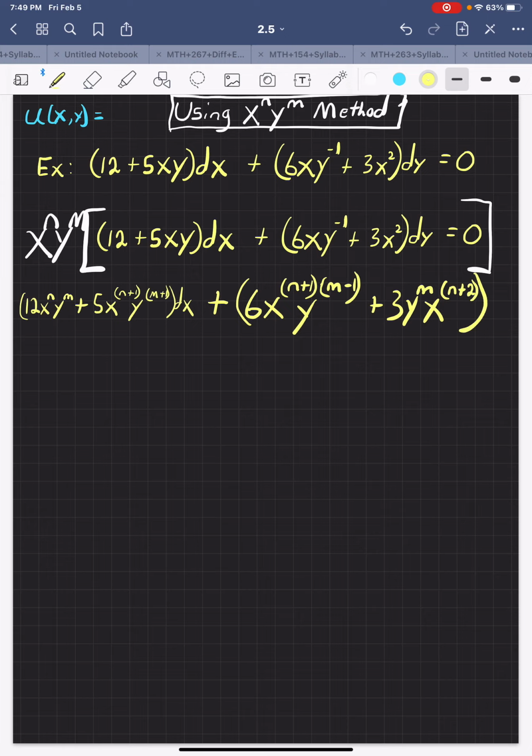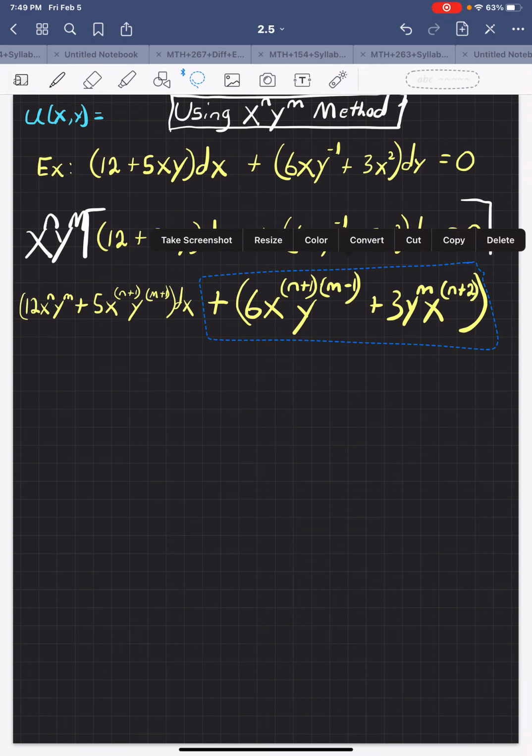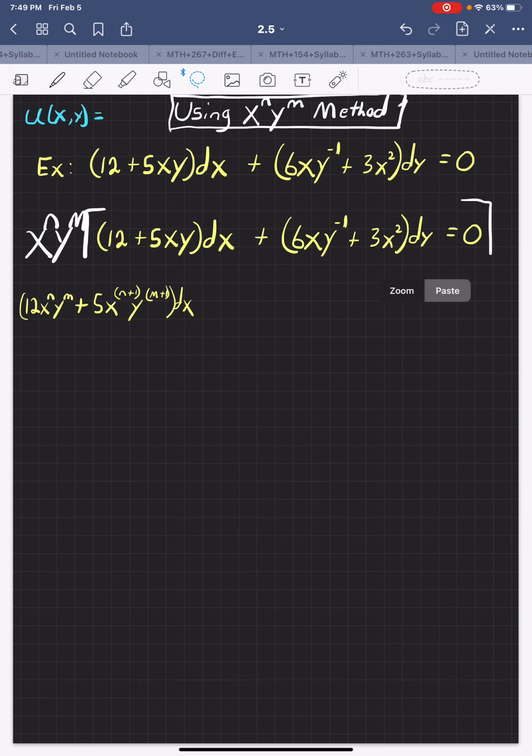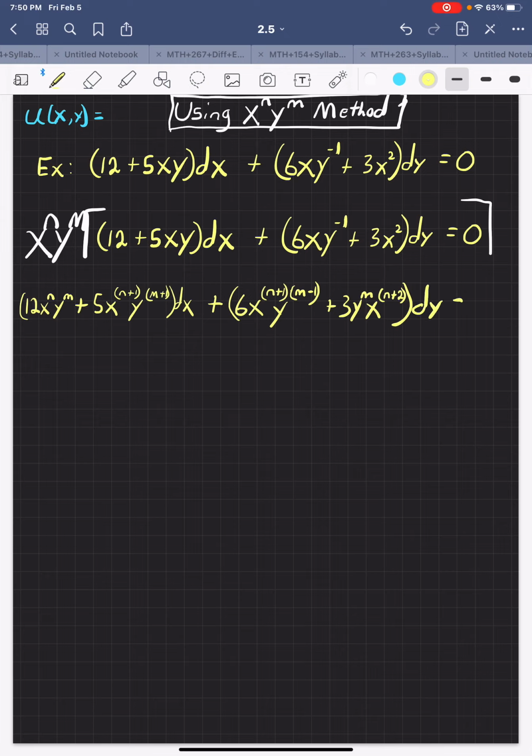Okay, so let me cut and paste, so that it's a little bit smaller. All right, dy, and that is obviously anything times 0 is still 0. So that gets us to here.